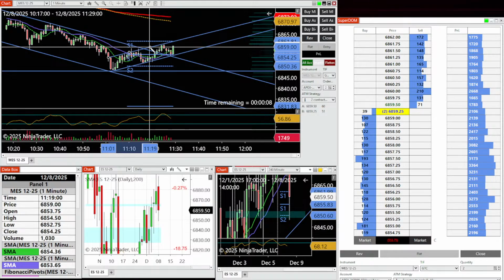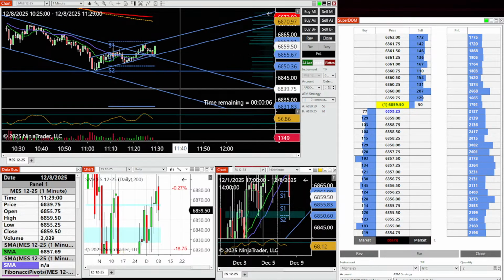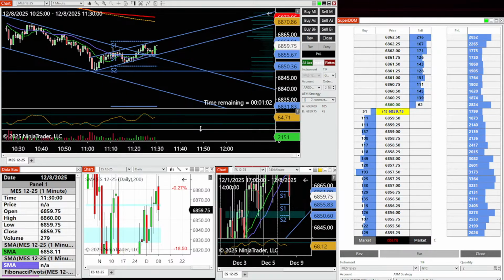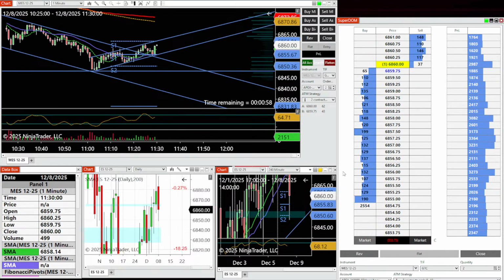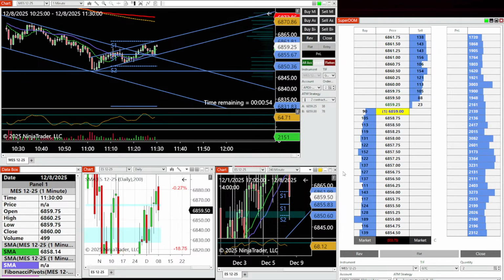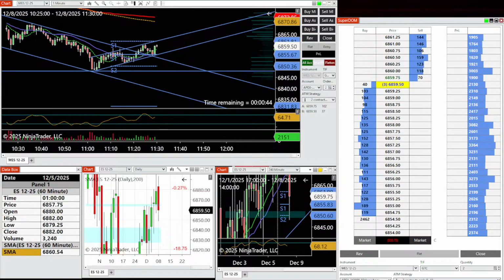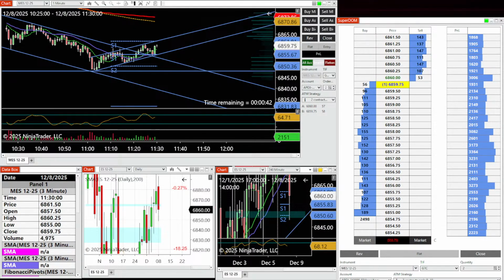It's the entry. It's the entry, and I kind of missed my entry. I want to take the break of 60 because it can reject 60 and break. I mean, reject 60 and pull back. Another 3-minute bar about to open up.